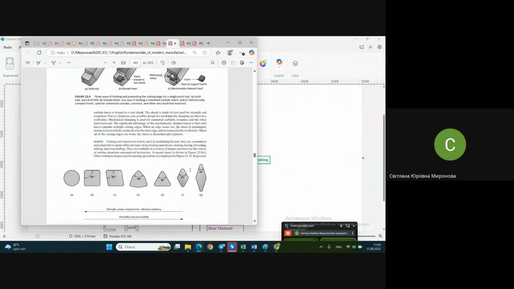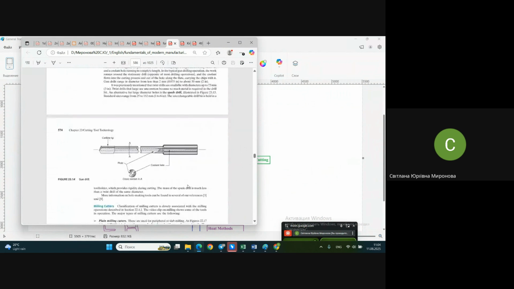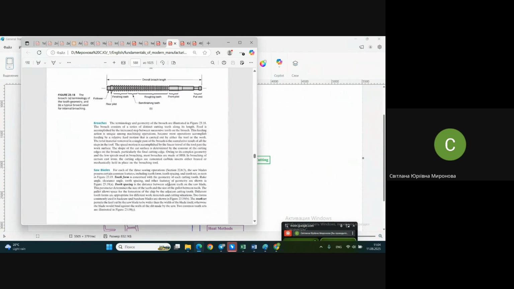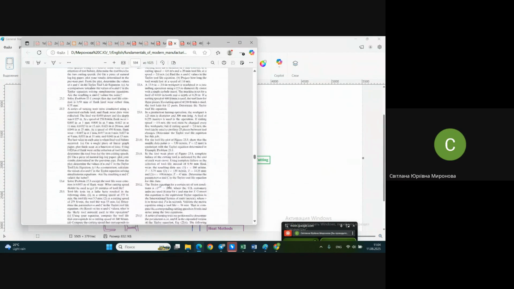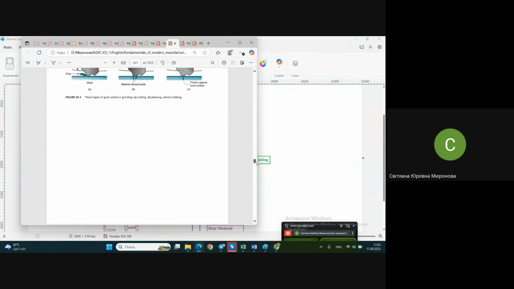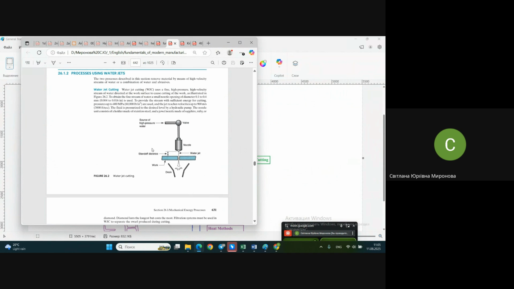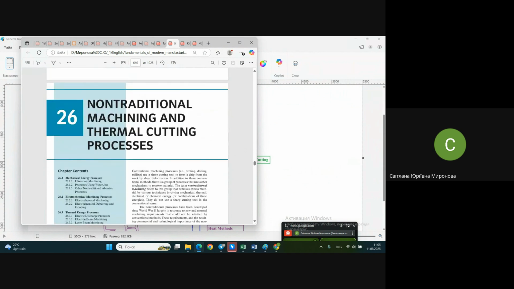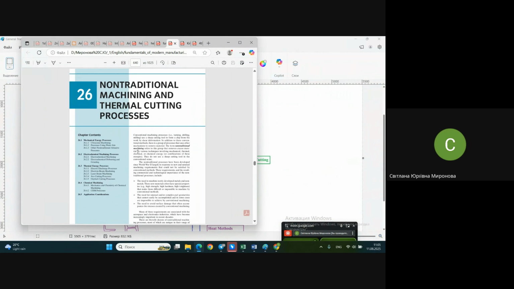Once again, I don't recommend you study something by heart, but if you already have students of elder years at your university, and maybe you already study some advanced things while we are studying something like for kindergarten, for first year, and economical considerations, somewhere it will be non-conventional machining, abrasive machining. Oh, here it is at last. We have found it. Non-traditional machining, it's called here. Non-conventional machining, maybe it's called in another place.